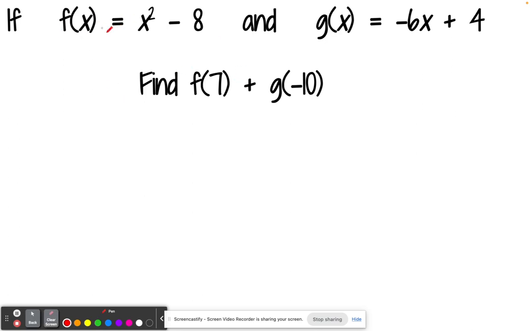F of 7 is going to be 7 to the second power minus 8. Well, 7 to the second power is 49. Minus 8 is 41. So f of 7 is equal to 41.